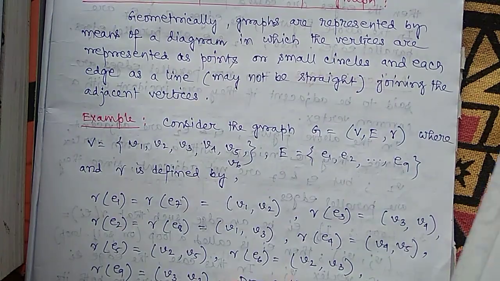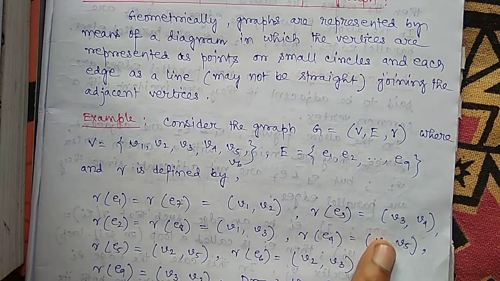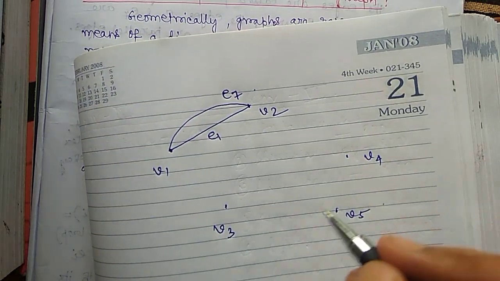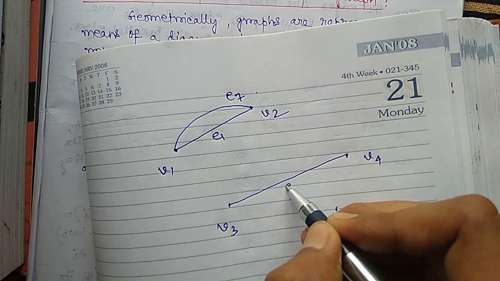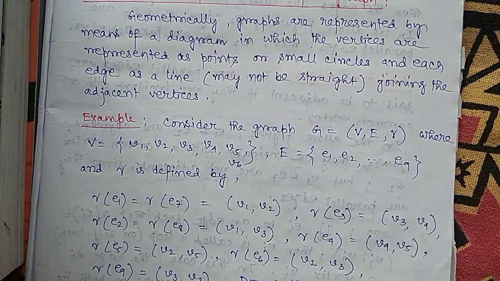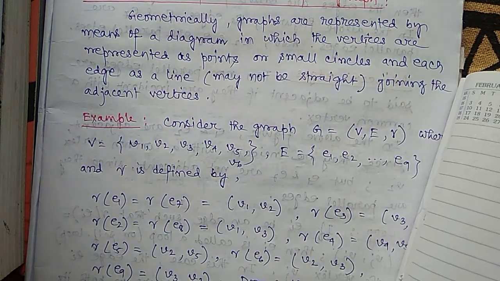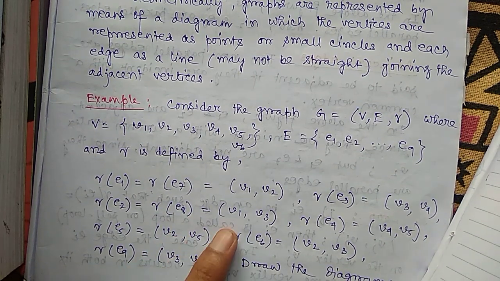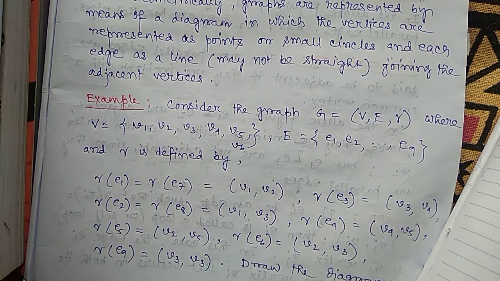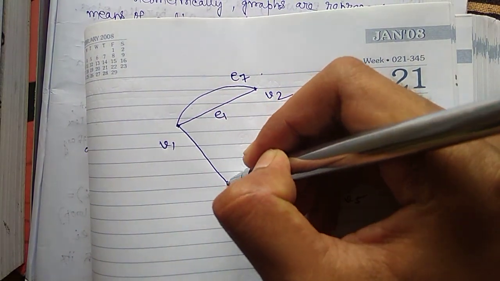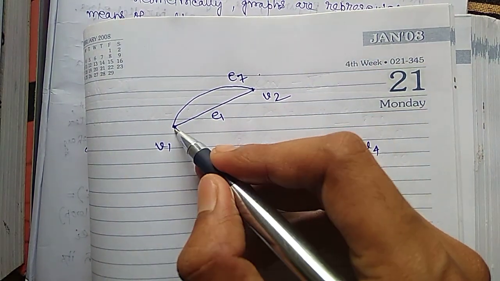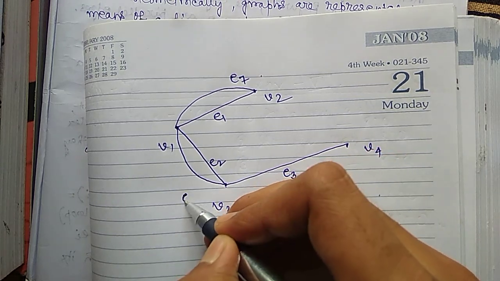Now e3 is in between v3 and v4. Here it is e3. e2 and e8 both are in between v1 and v3, v1 and v3, e2 and e8.